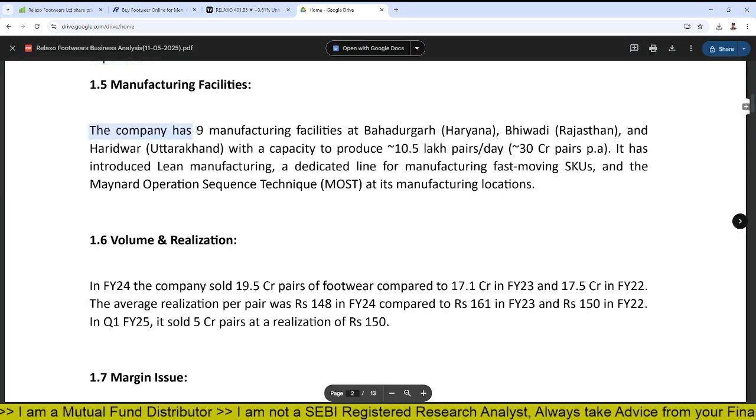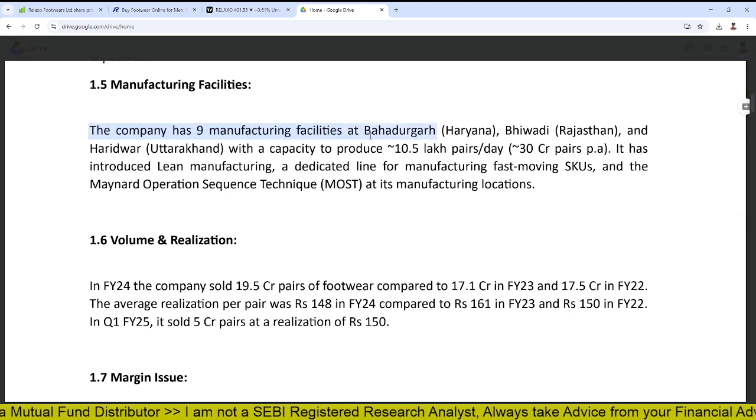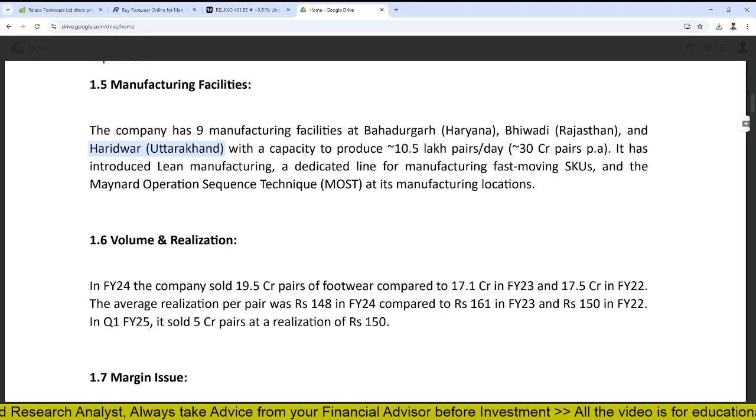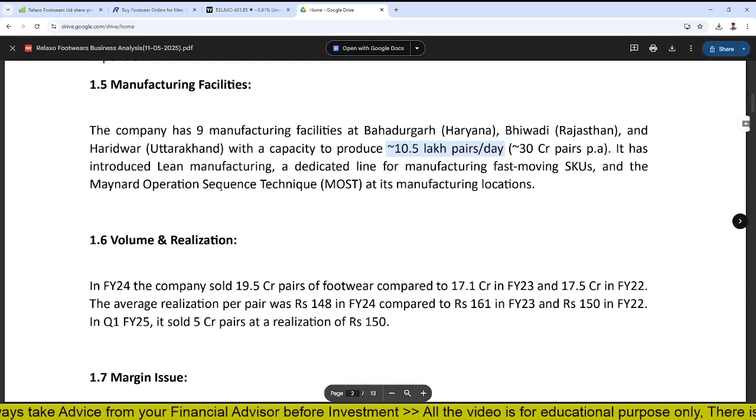The company has 9 manufacturing facilities at Bahadurgarh, which comes under Haryana, Bhiwadi, which comes under Rajasthan, and Haridwar, which comes under Uttarakhand, with a capacity to produce 10.5 lakh pairs per day, which is huge.